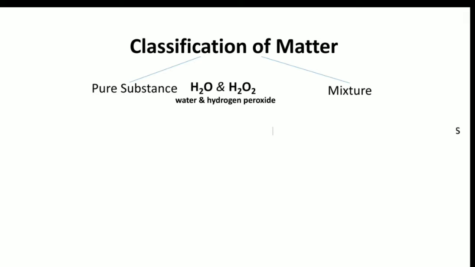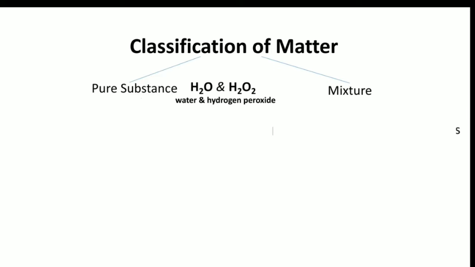Pure substances are defined as forms of matter with unique, fixed, and definite composition. So these two substances, notice, have different composition. What do I mean? Both may have the same set of constituent elements, hydrogen and oxygen.